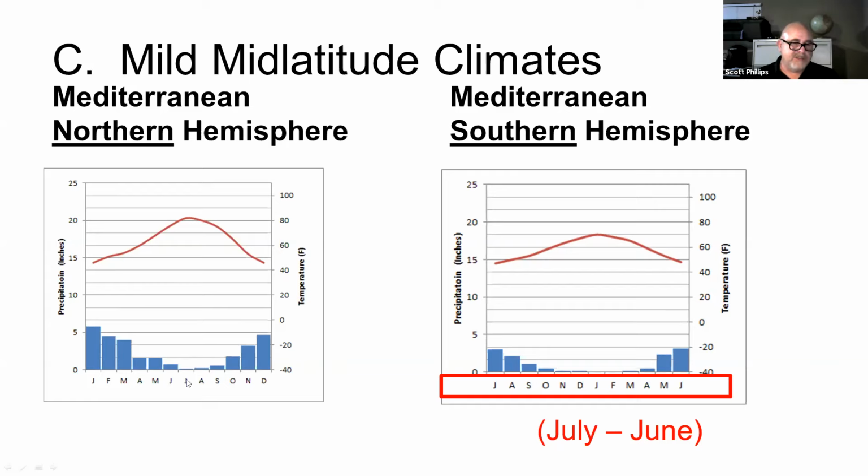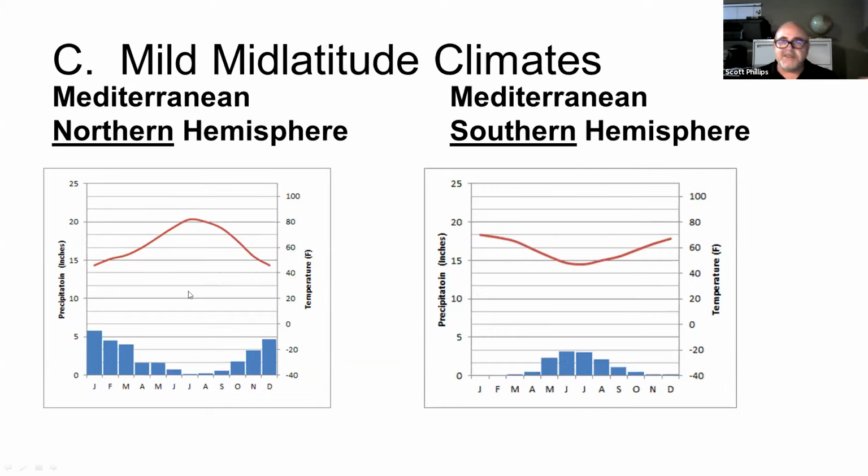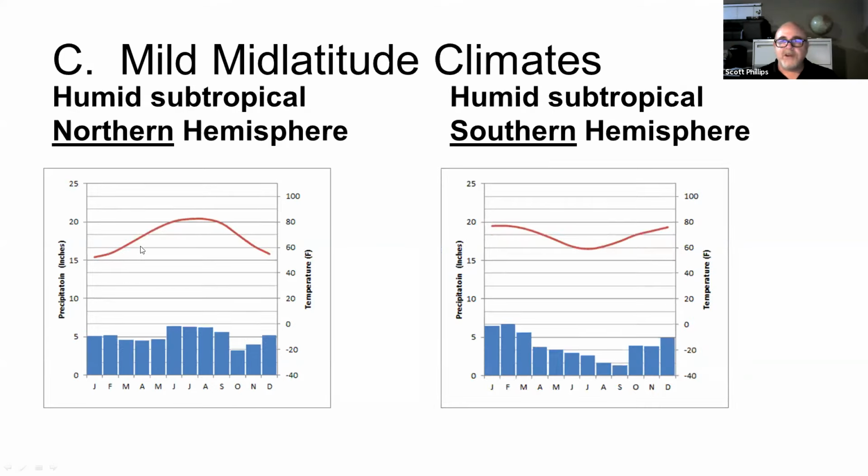But here this is July and here this is January. But we don't do it that way because we try to be consistent by ordering the months in the same way. And so this is what it looks like for the northern hemisphere, and this is what it looks like for the southern hemisphere. Remember, northern has a frown, southern has a smile. And likewise for humid subtropical, they can be fairly wet in the summertime.